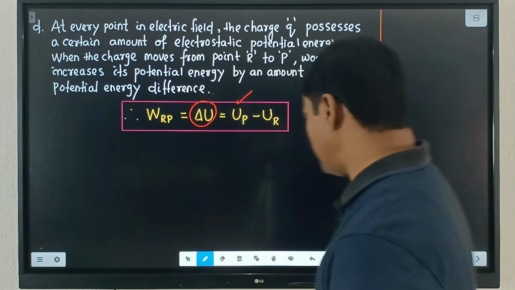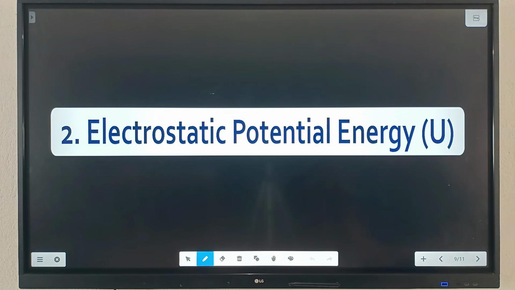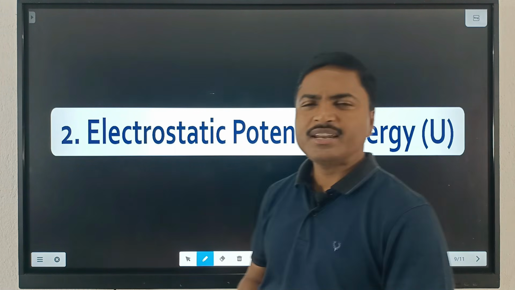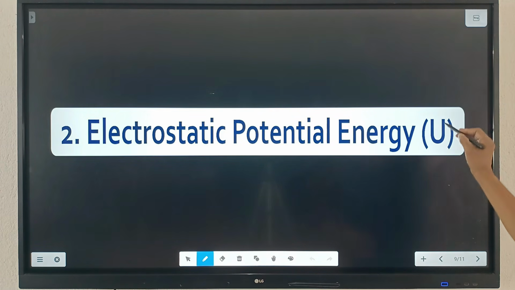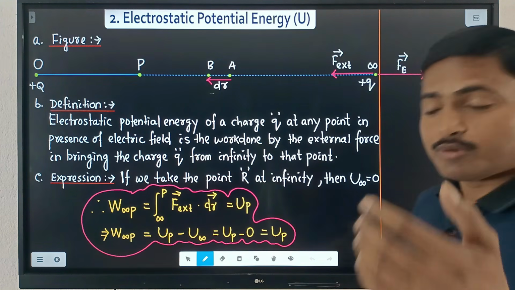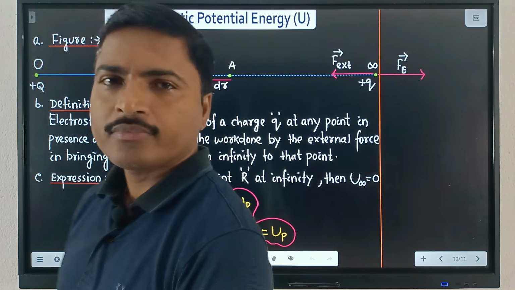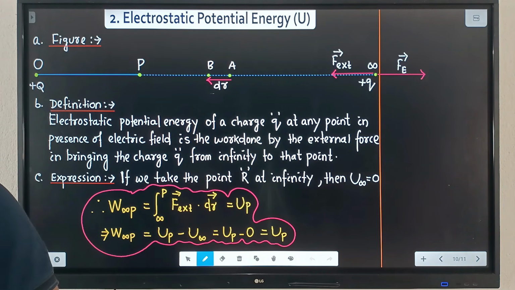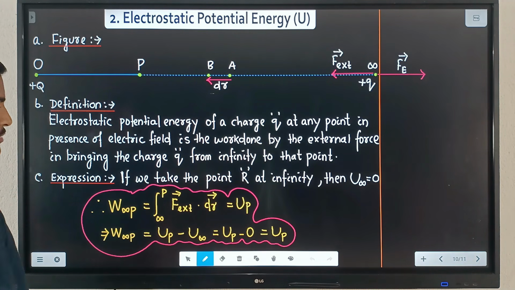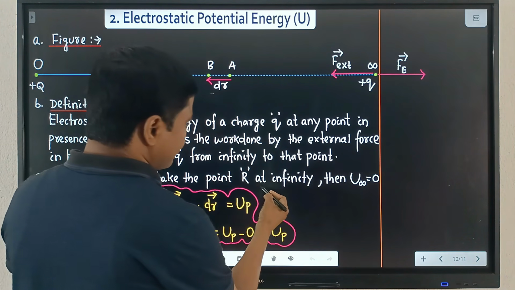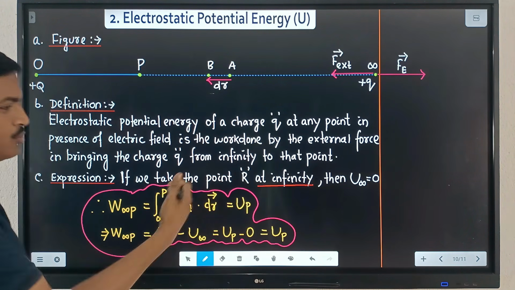Then the second point of this chapter, very simple, that is electrostatic potential energy. For this we write the symbol U. What is electrostatic potential energy? Suppose point R is shifted to infinity.